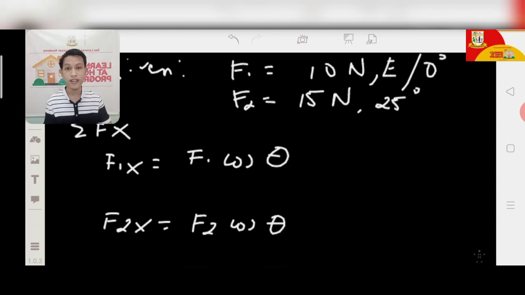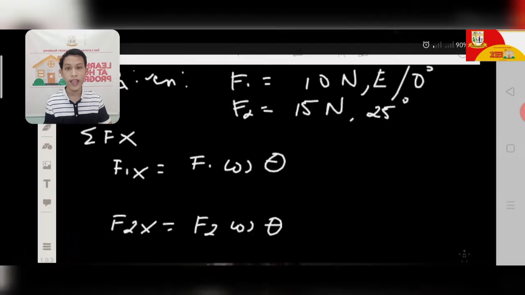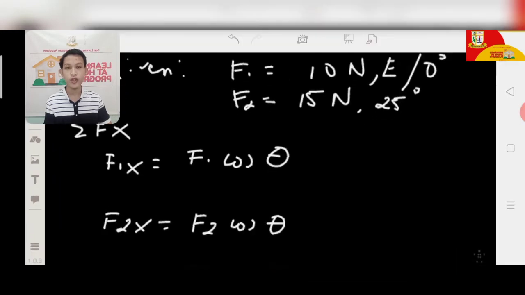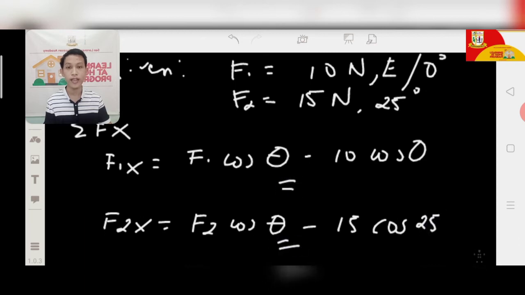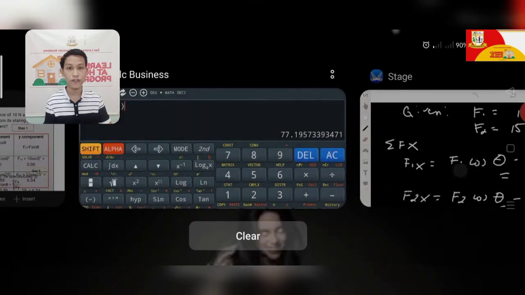Substitute the given values for f of 1 and for f of 2. So f of 1 is equal to 10 cos theta, where theta is 0 degrees. And then for f of 2, we have 15 cos 25.